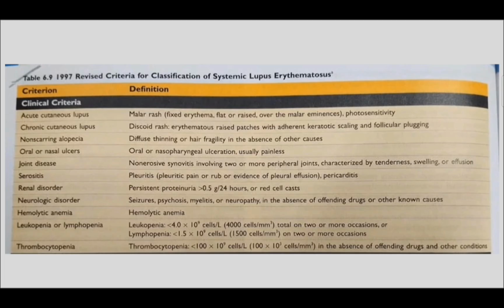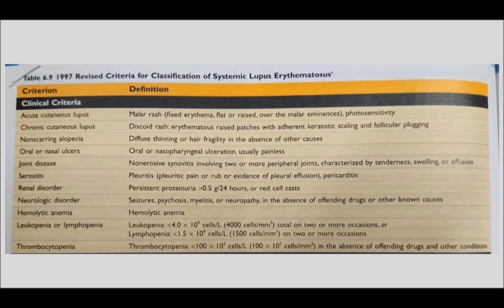Joint disease or arthritis. Non-erosive synovitis involving 2 or more peripheral joints, characterized by tenderness, swelling, or effusion. Next is serositis: pleuritis, pleuritic pain or rub or evidence of pleural effusion, and also pericarditis.